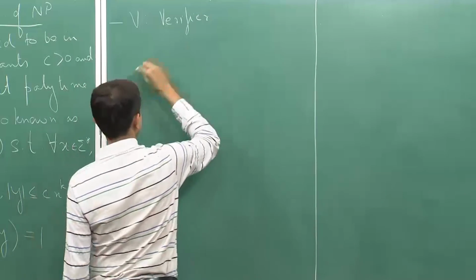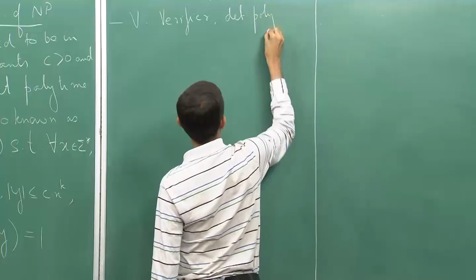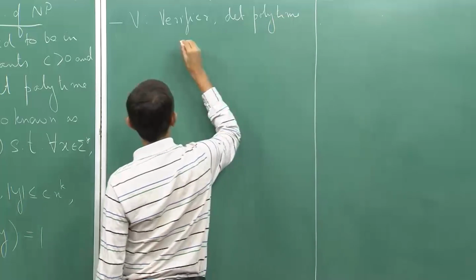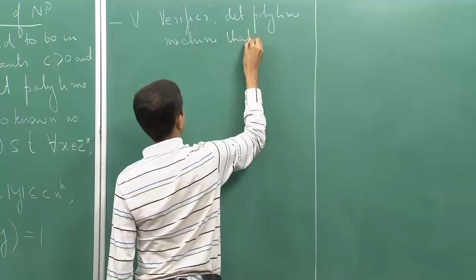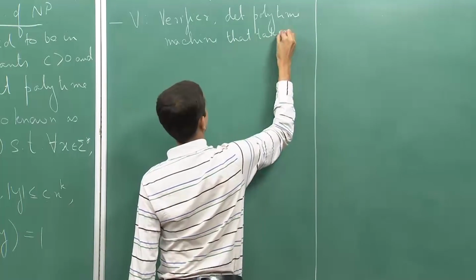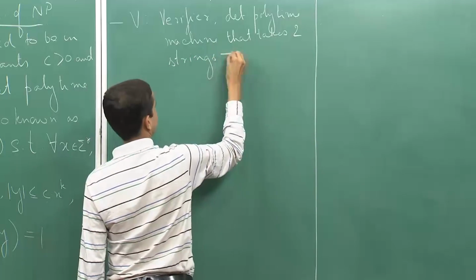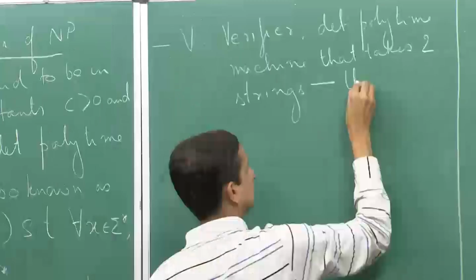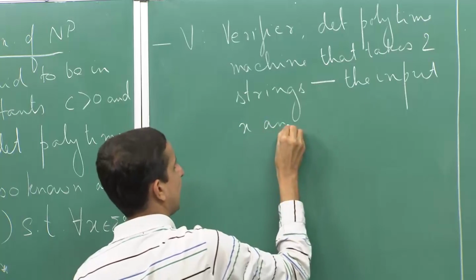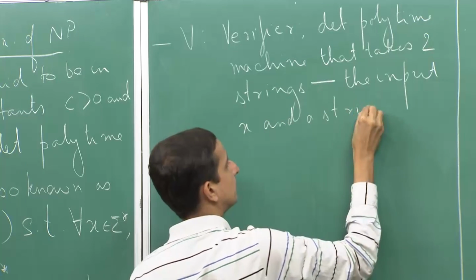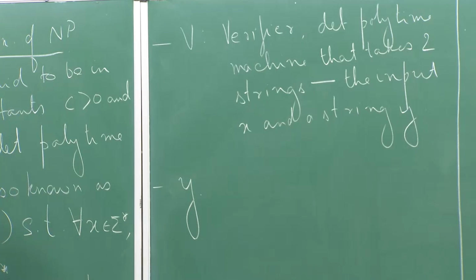So, as I said, this is a deterministic polytime machine that takes two strings, okay, the input x and a string y. Okay. And what is this string y?